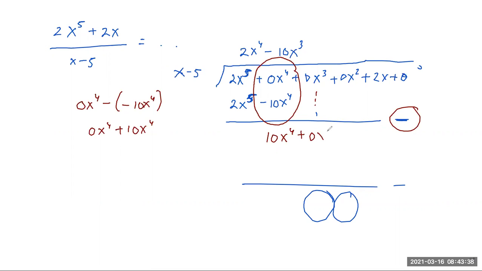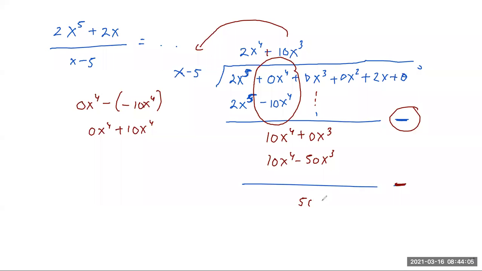It is 0x cubed. The next one, I multiply by positive, sorry, so it is positive 10x cubed, because if I multiply 10x cubed to this, it will be 10x to the fourth power minus 50x cubed. And when I subtract, don't forget, subtract by negative 50. Therefore, it becomes positive 50. I want you to be careful with that part.